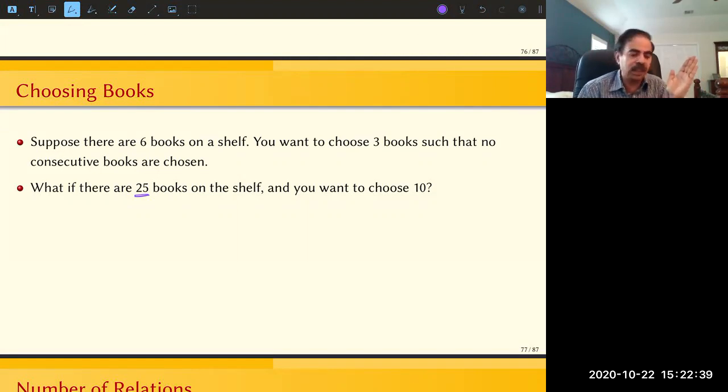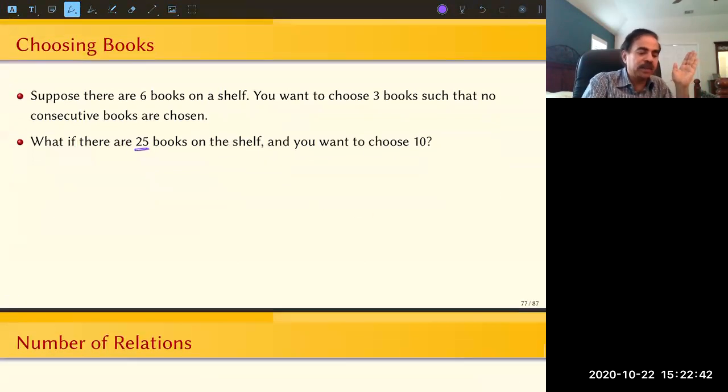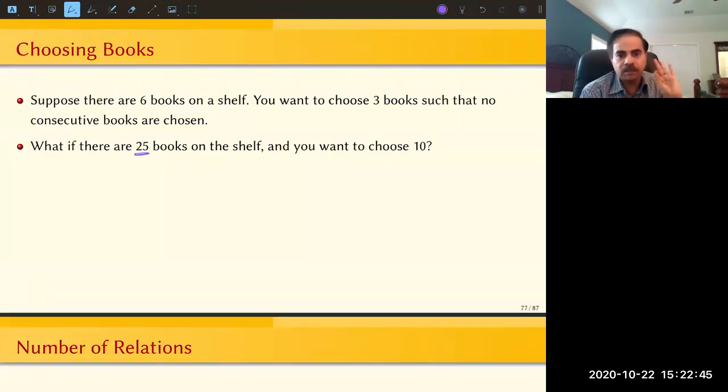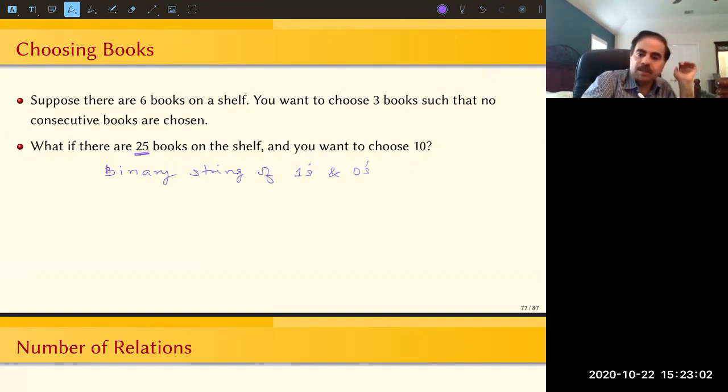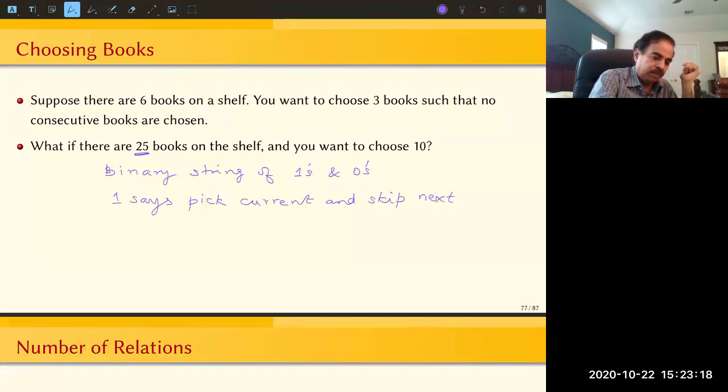Okay, so what we are going to do is use a binary string of 1s and 0s, where 1 says pick current and skip next, and 0 says skip current.